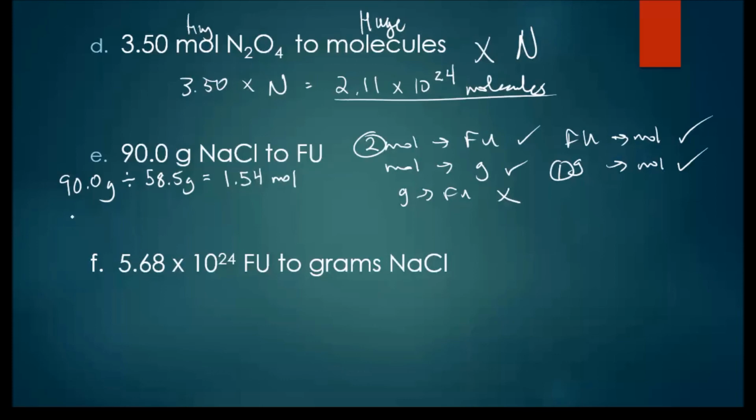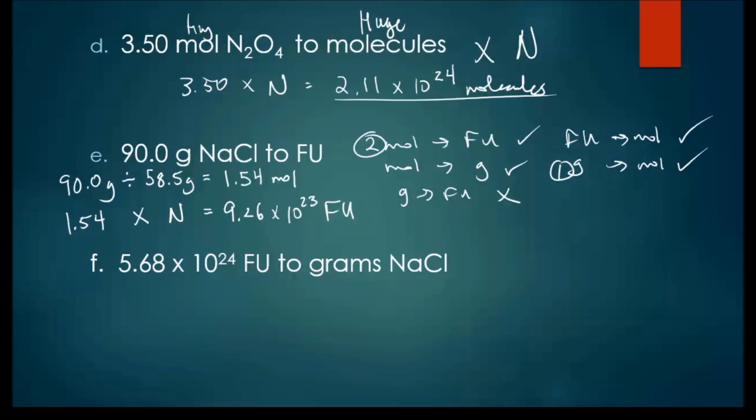And now, what do we do to go to FU? Multiply by N. Okay. 9.626153462. Are you trying to impress me by how many digits your calculator can take that to? Then stop. 9.26 is good enough for me.